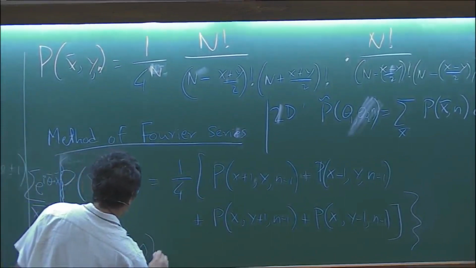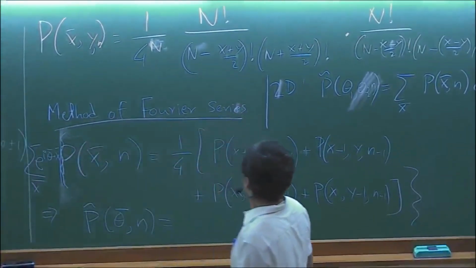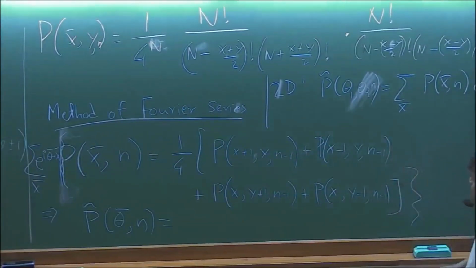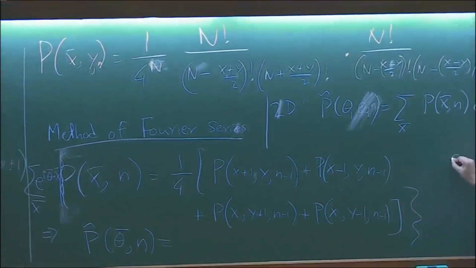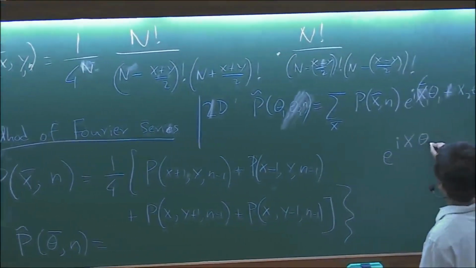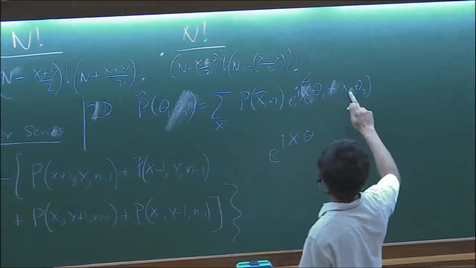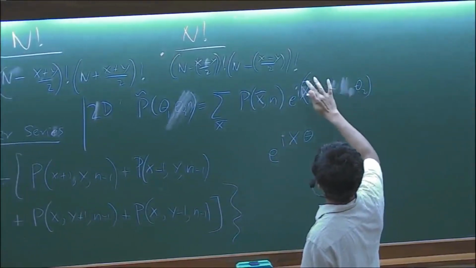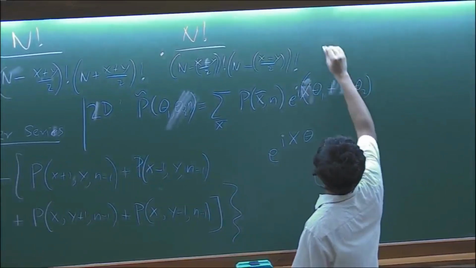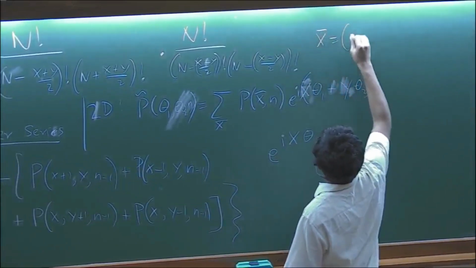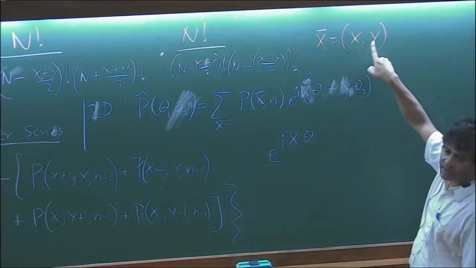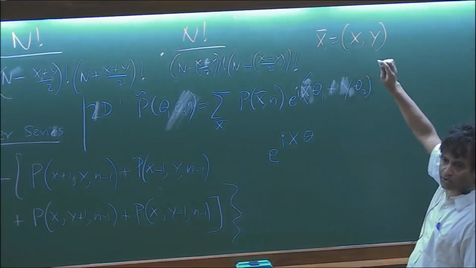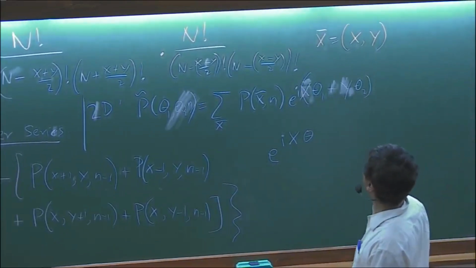So if you look at this object, we are multiplying by e to the power i x bar dot theta. x is a vector with two components, each of them integer numbers, x and y both integers from minus infinity to infinity.